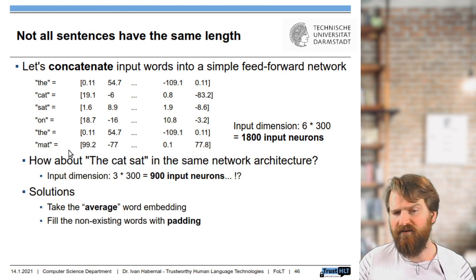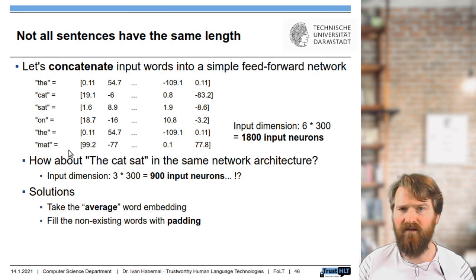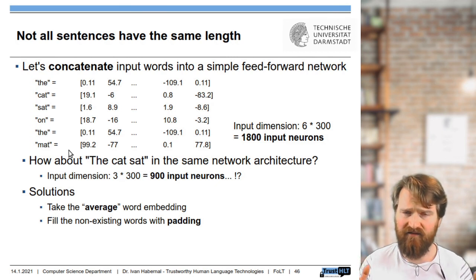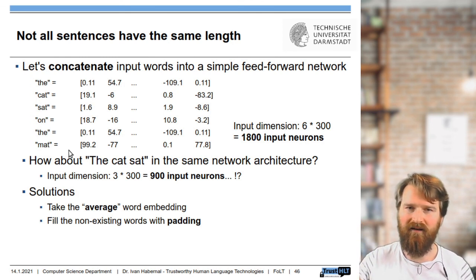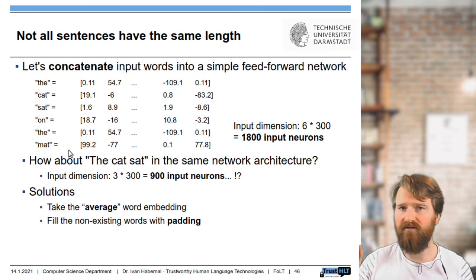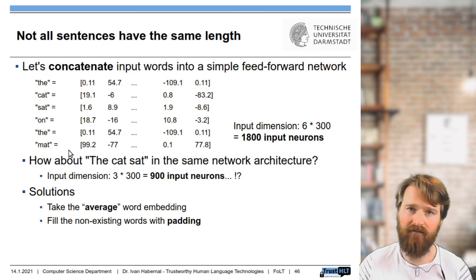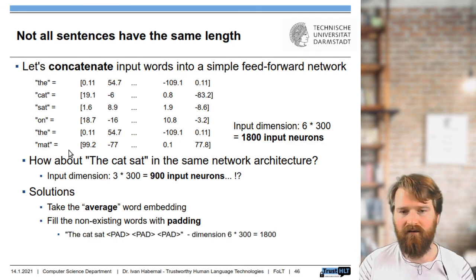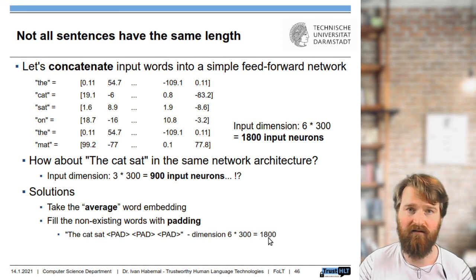We can also pretend we have some limited maximum size of the sentence or of the document, and we start from the left and fill the remaining slots up to the maximum size with something called padding, where we put zeros or some special word there. In this case, "the cat sat" would become "the cat sat pad pad pad", and we would have the same 1800 input neurons.